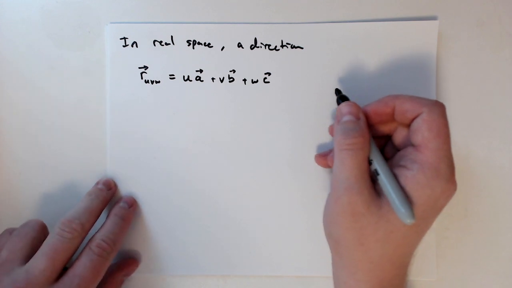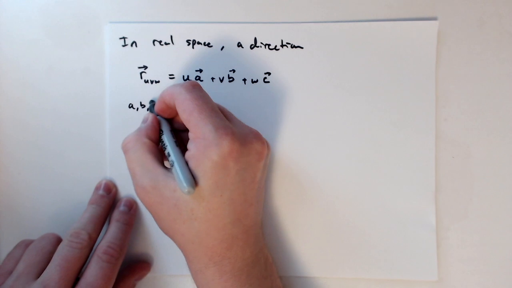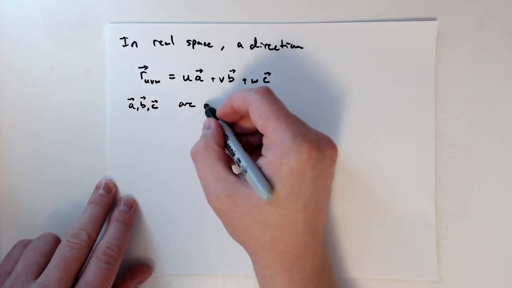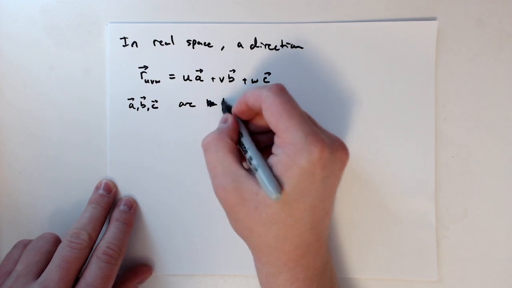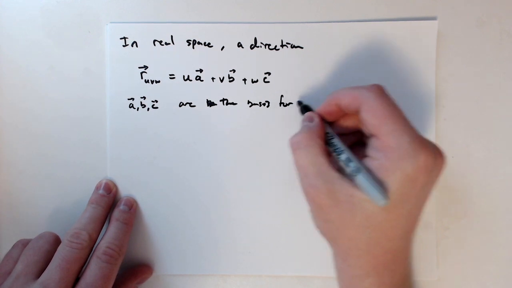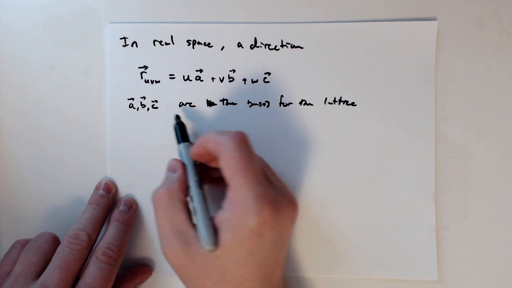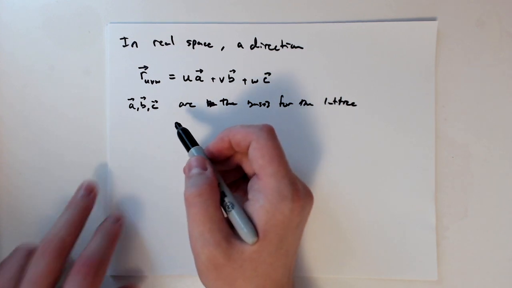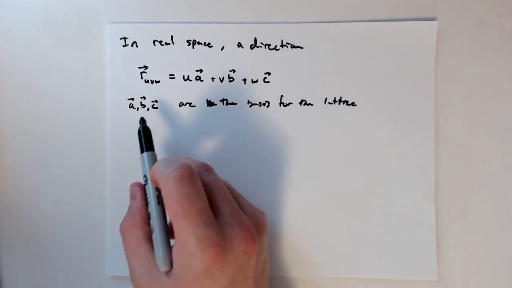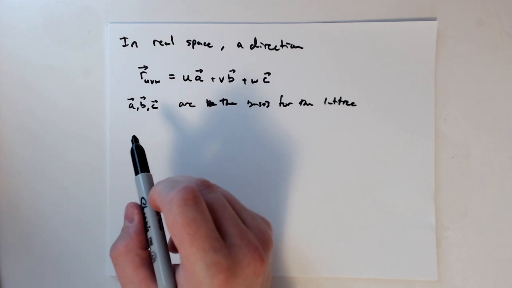So those vectors, A, B, C, are the basis for the lattice, right? So think X, Y, and Z. So these are basically your Cartesian coordinate vectors, right? But we're going to call them A, B, and C because in this case, we're generalizing, since they don't have to be normal to each other.